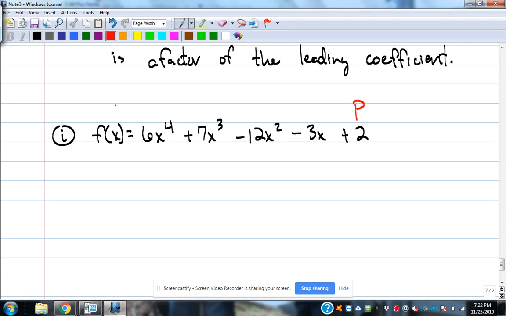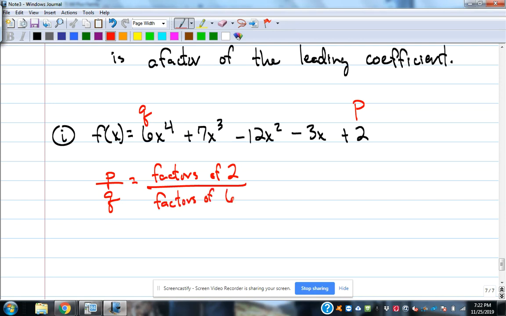This is P. This is Q. That's where the P and the Q come from. Okay. So we're looking at the number 2 and the number 6. P over Q. So we need the factors of 2 over the factors of 6. All right. So what's it mean to be a factor of 2?